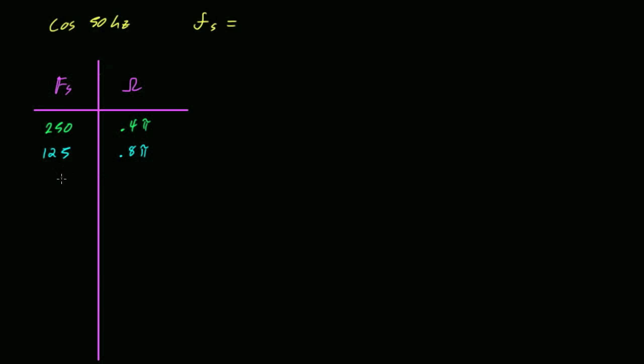Remember, one of the things we're trying to understand today is how few samples I can take of this cosine and still know what's going on. You with me? 50 hertz. Let's not go too far. Let's start with 100 and work this progressively. If I let my sampling frequency be 100, I have pi radians per sample. And we're going to do one more: let's sample it at 75 hertz.